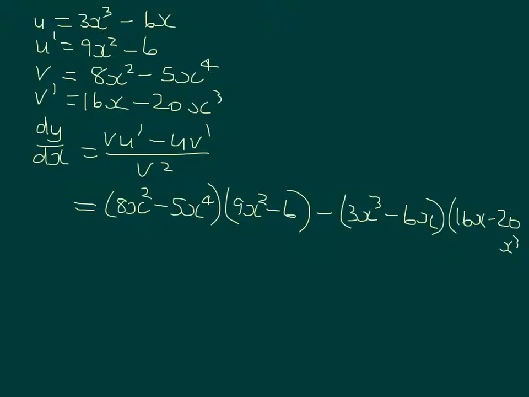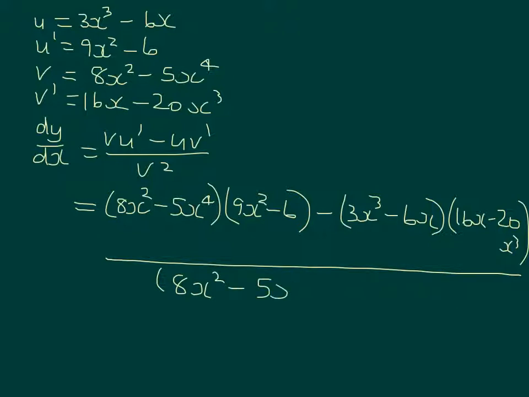Just fit that there. All over the bottom squared, v squared. So 8x squared minus 5x to the fourth.